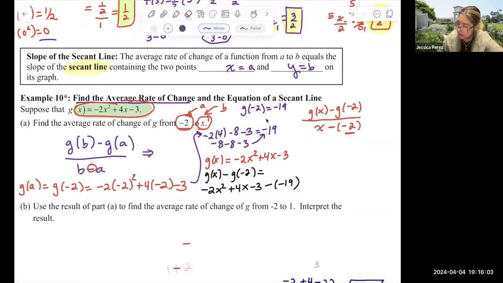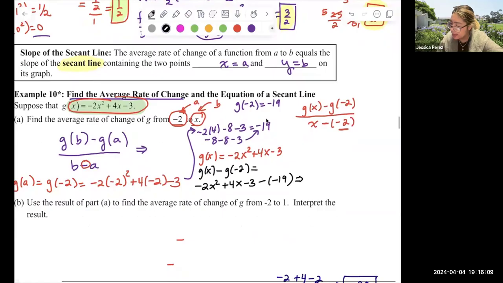So we clean it up, and that's negative 2x squared plus 4x minus 3 plus 19.